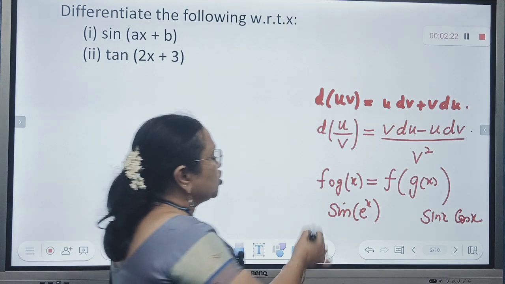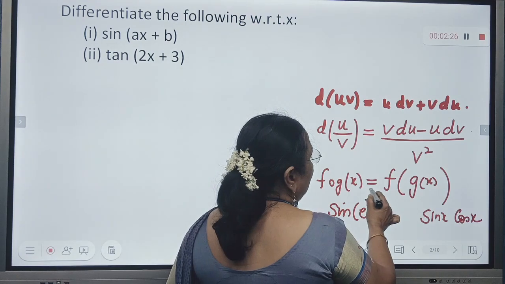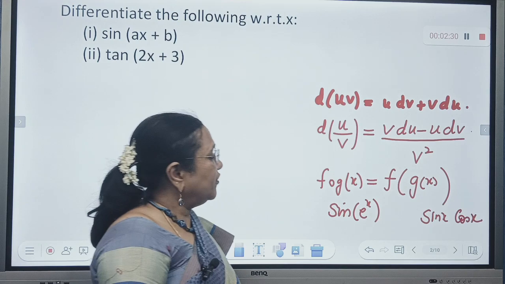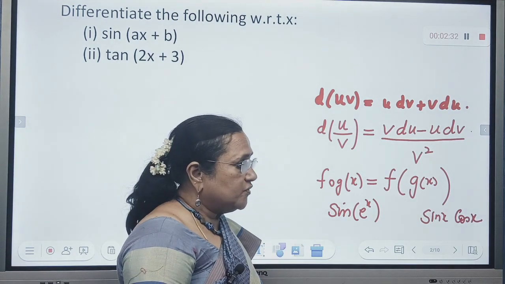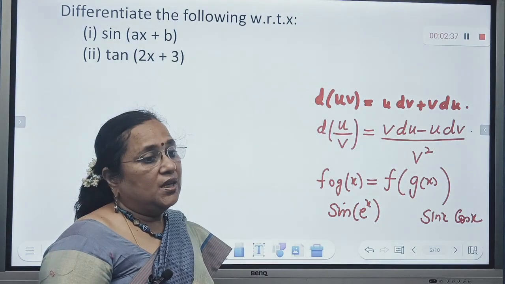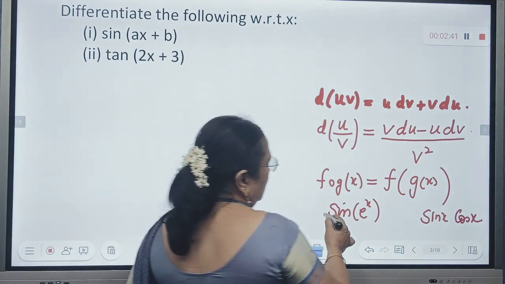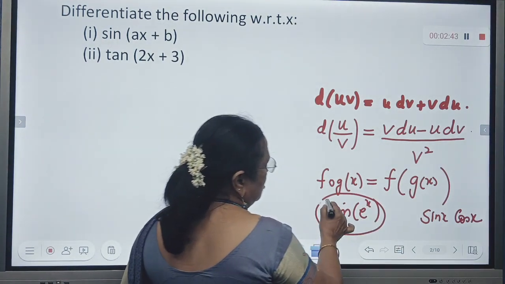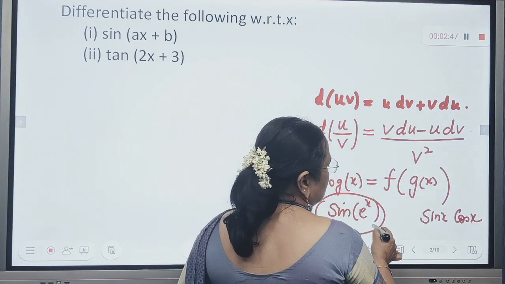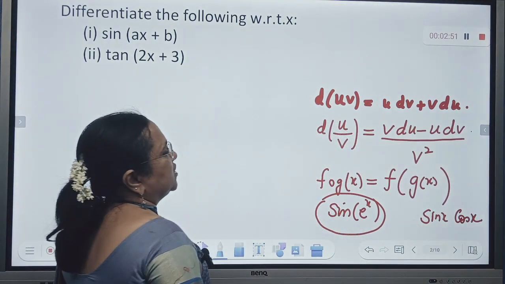Whereas composition is different. f composite g of x is defined as f of g of x, where the domain of g of x is the domain of the composite function and the range of f of x is the range of the composite function. So this is an example of a composition of two functions, and this is an example of a product of two functions.